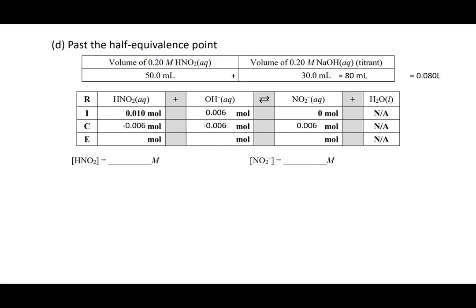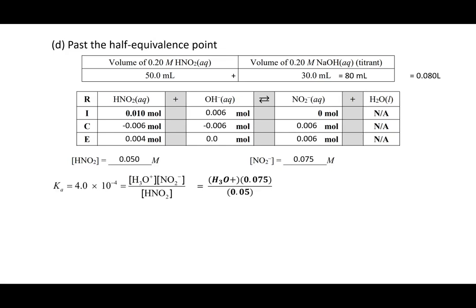I subtract that from both HNO2 and OH minus, and of course I'm going to get 0 moles of OH minus just as before. But now I don't have a whole lot of acid left, 0.004 moles of HNO2 and 0.006 moles of NO2 minus. I can divide by that volume to get the concentrations, and I get 0.05 molar and 0.075 molar. I write my Ka expression, and now I have these numbers.